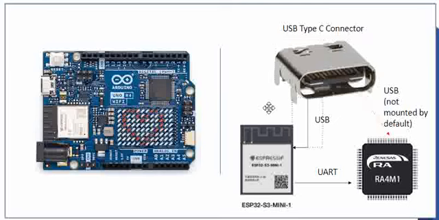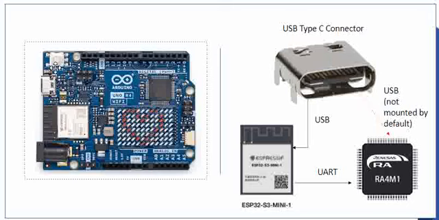So, by default, if you see here, this is the USB Type C. When you plug in a USB port, the USB lines on the board will connect to the ESP32 chip, which is shown in the block diagram here, and then the output UART lines through a level translator get connected to RA4M1.